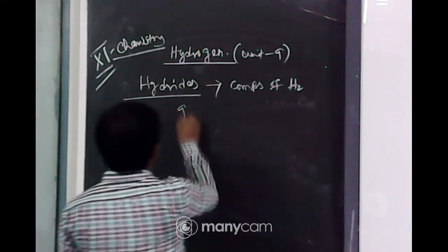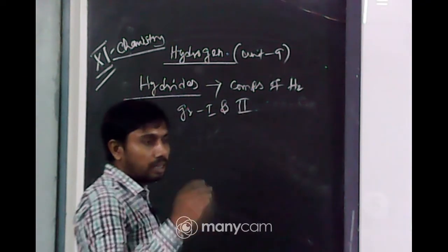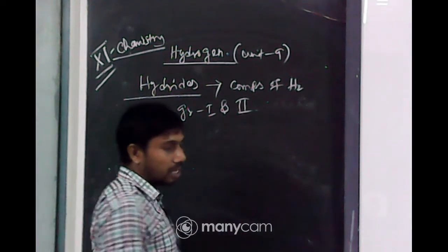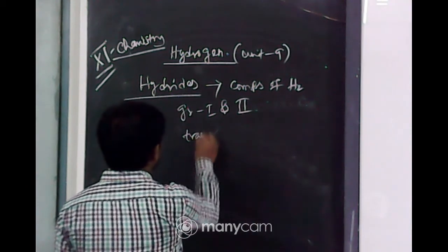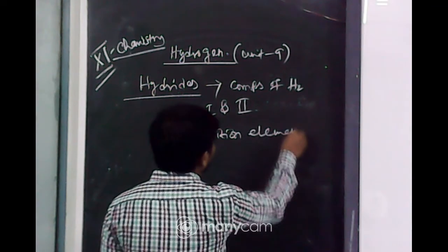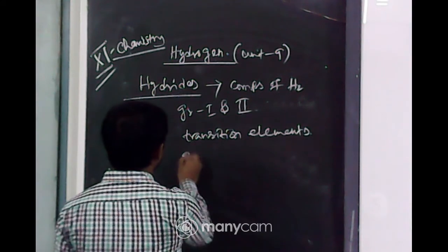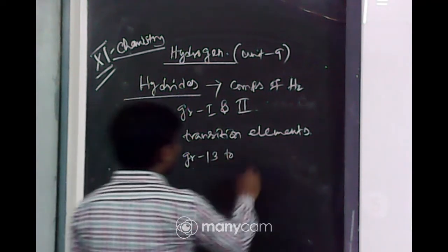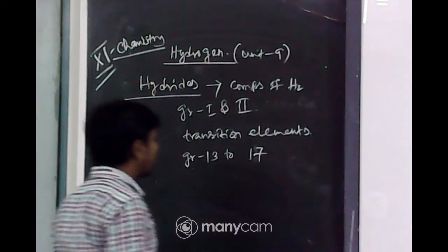Groups 1 and 2 are generally electropositive elements, and in between are the d-block elements, that is the transition elements, and after the transition elements there are groups 13 to 17.